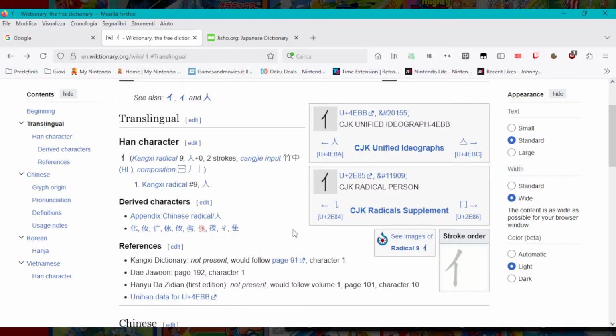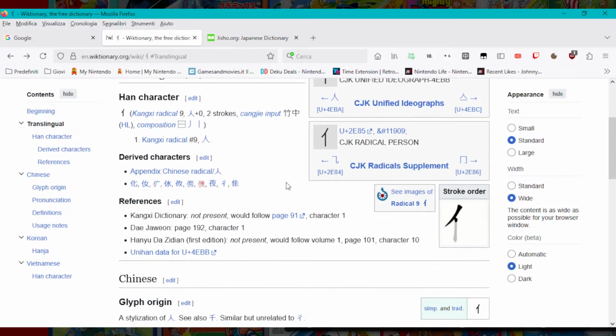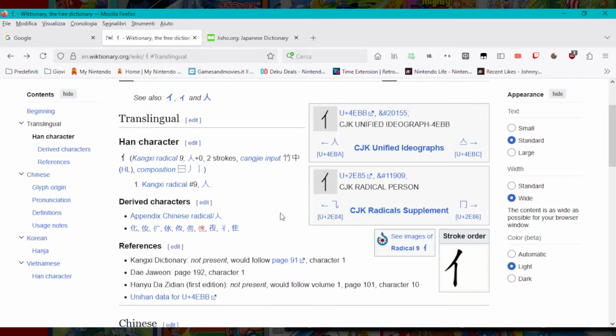Radicals are the part of kanji that you need to look them up in dictionaries. But more often than not, they also are the part that specifies the meaning of a kanji.